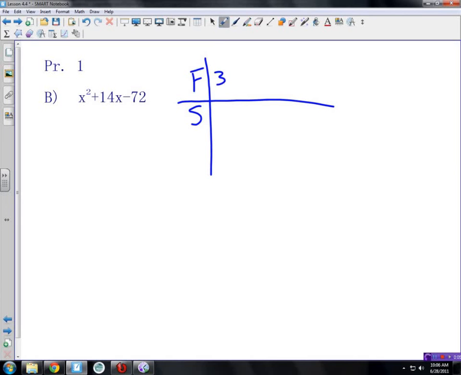So 3 times negative 24 is negative 72. 3 plus negative 24 is negative 21. Well, it's not the right number, and also this one here is negative, while this one here is positive. So I think we probably need to put that minus sign on the smaller number.